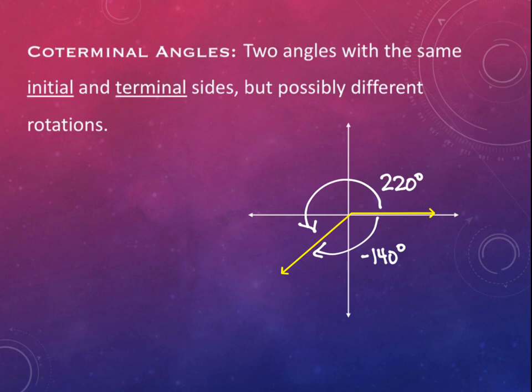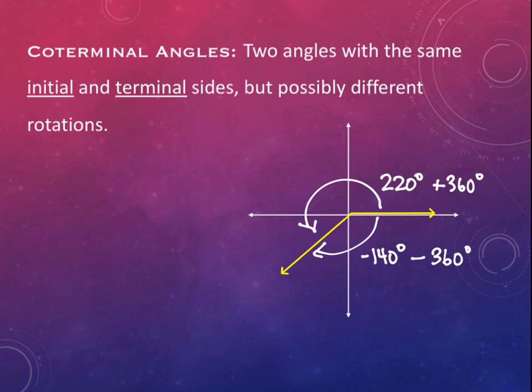But that's not all of them. If I add another 360 to this, or subtract another 360 from this, and I go around again, and again, and again, I get infinitely many coterminal angles. Coterminal just means they have the same initial and terminal sides.